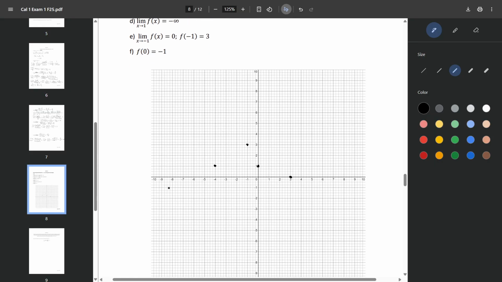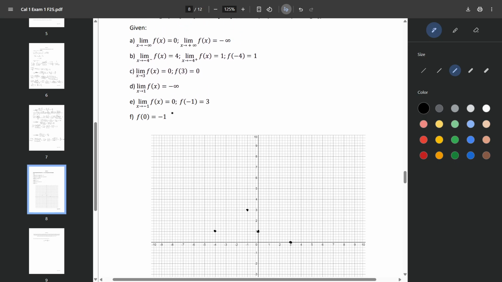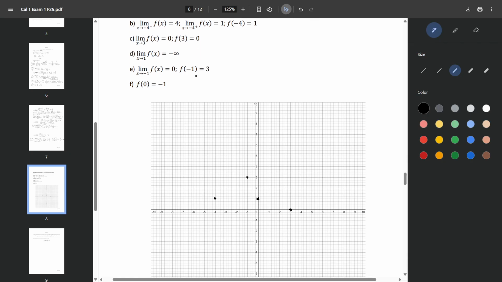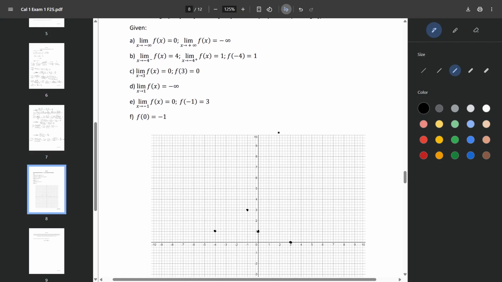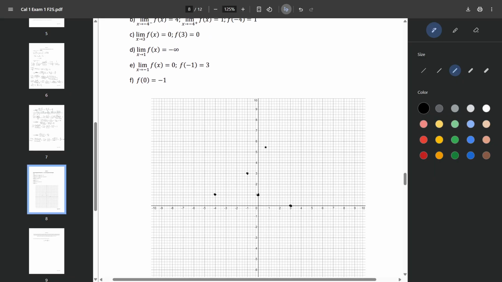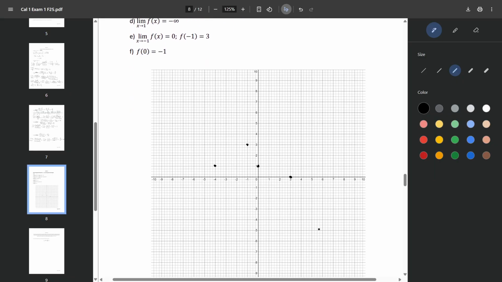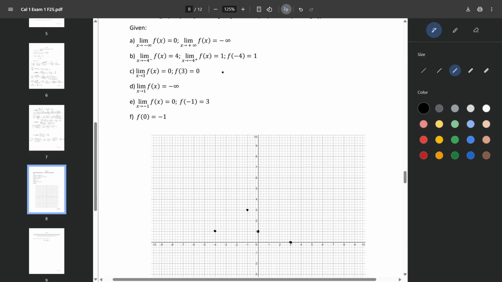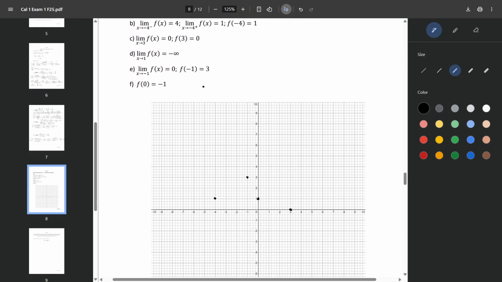Now, I'm not gonna draw the graph yet because we don't know if it's gonna approach from the top or the bottom. The next part is a bit easier to draw. It says that as x goes infinitely positive, the y value is going to go infinitely negative. So we won't draw our graph yet, but we'll keep that in mind.